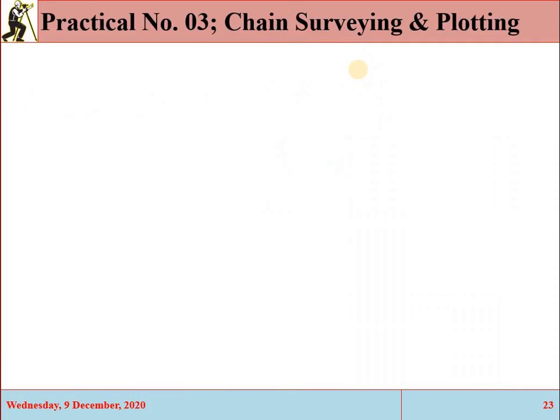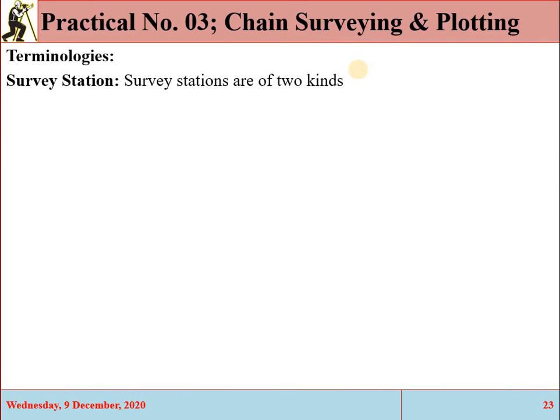Now before going into the procedure of chain survey, we first have different terminologies which need to be clarified. We have different types of survey stations. There are two types: one is called the main station and the second is called the subsidiary station.